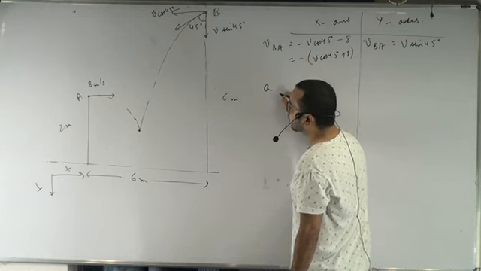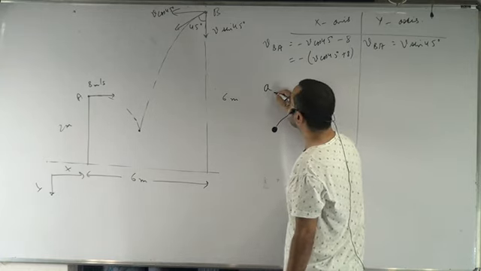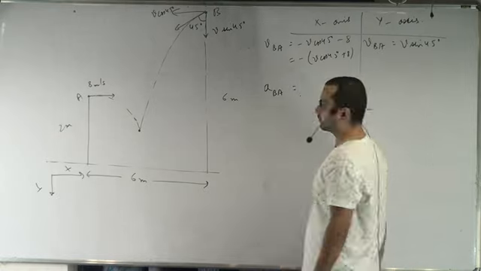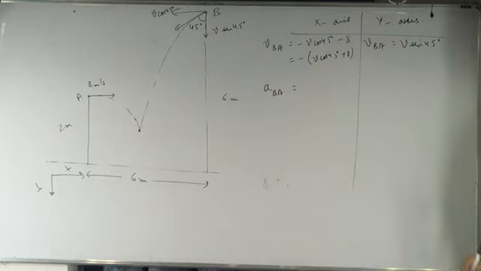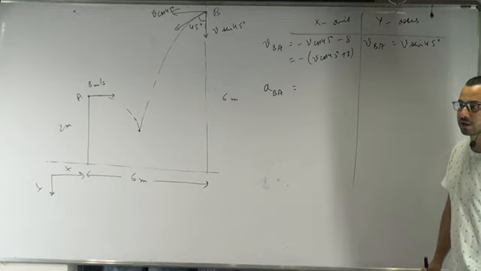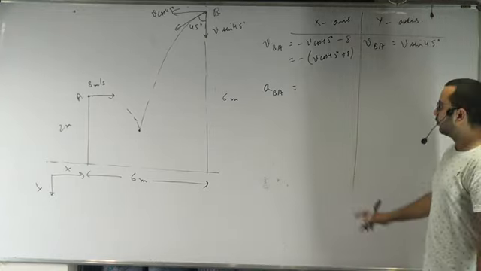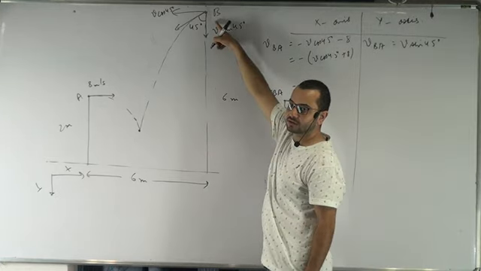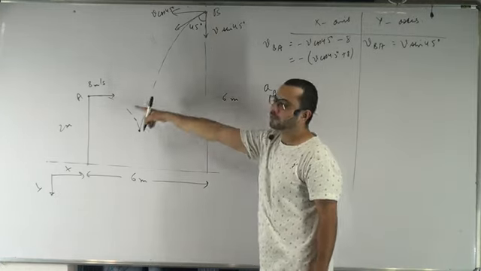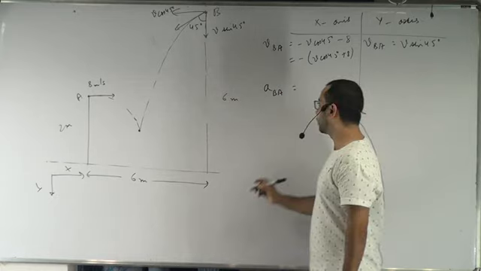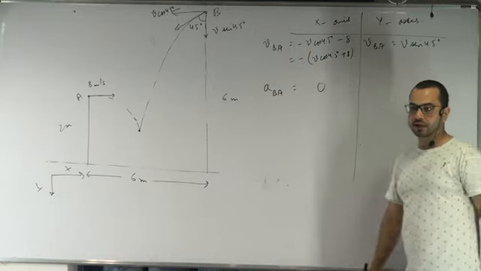What is the acceleration of B with respect to A in the horizontal direction? What is acceleration of B in the horizontal direction? 0. What is acceleration of A in the horizontal direction? 0. So 0 minus 0 is a better 0.